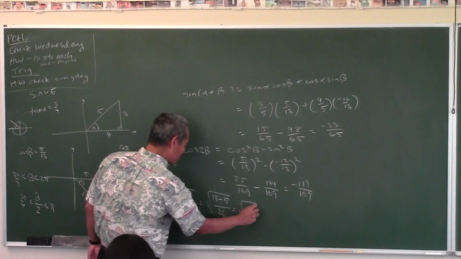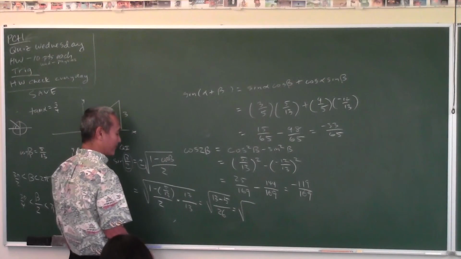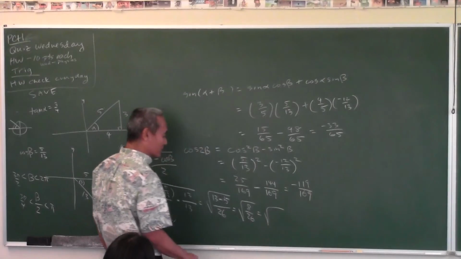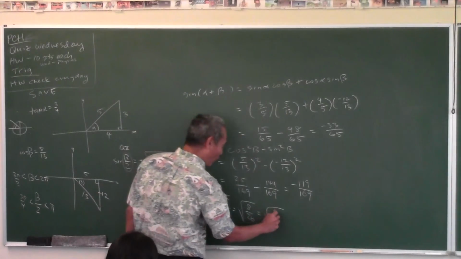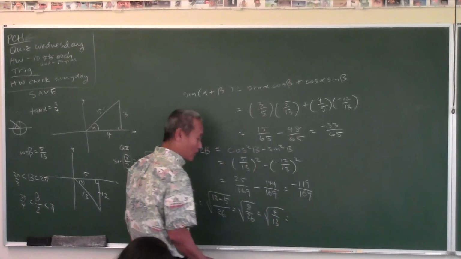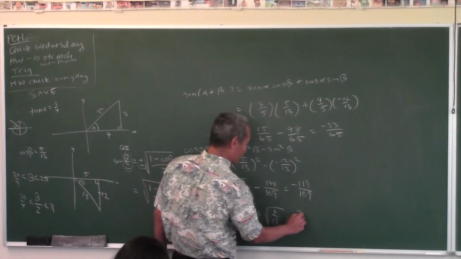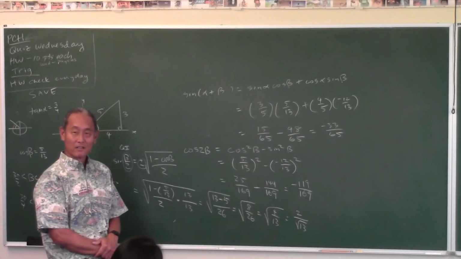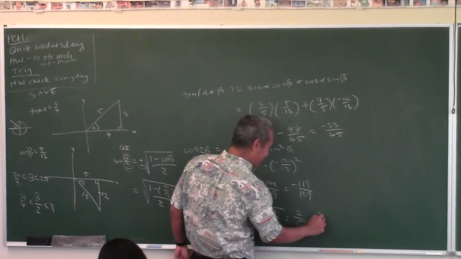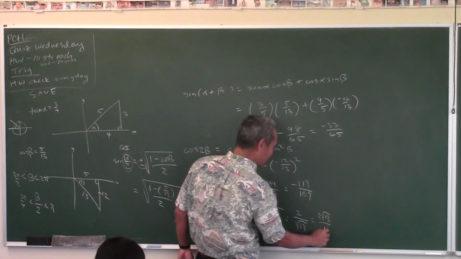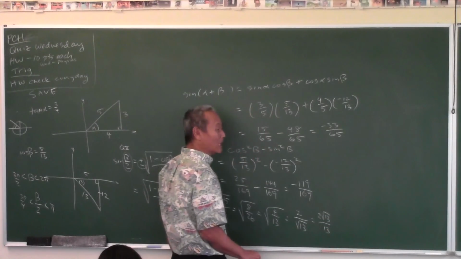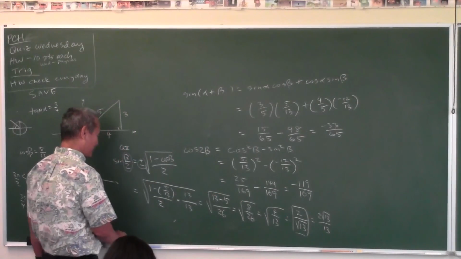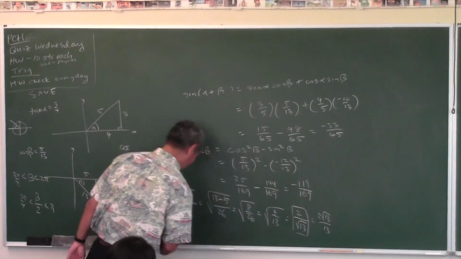So this is equal to the square root of 8 over 26, which can be reduced to the square root of 4 over 13. But isn't the square root of 4 2? 2 over the square root of 13. Can I leave my answer like that? Or do I have to multiply top and bottom by root 13 to get this? I already told you. No, you can leave your answer like that. I'll accept either. But you have to simplify it to one of these to get the last point.